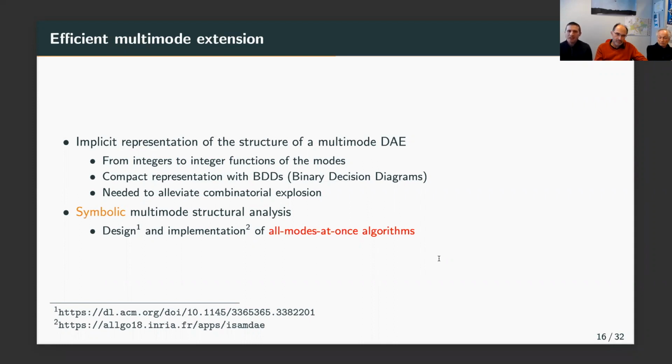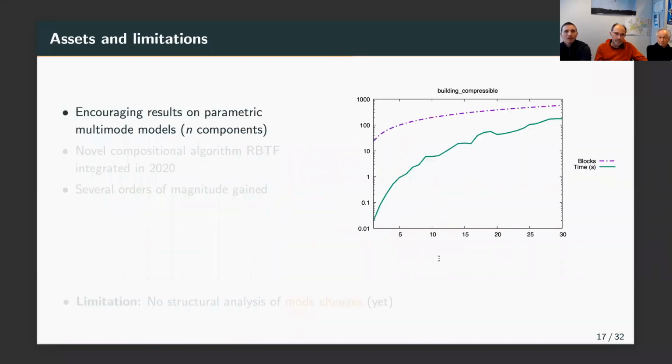This has been implemented in a tool called ismDAE that can be tried and experimented with online. So this is the second link provided in this slide, and we will of course provide you with these links. As soon as the structural analysis was implemented, we got pretty encouraging results on multimode models, especially models that were parametric.